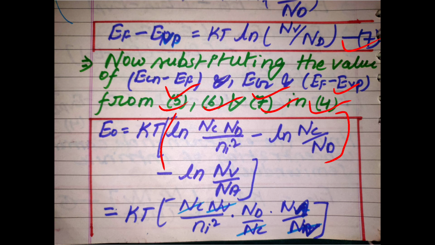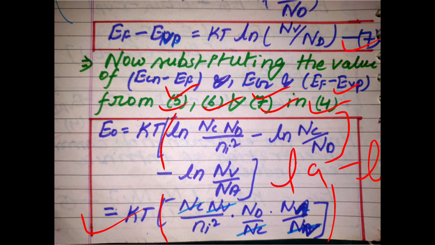If we use the logarithmic rule, log A minus log B, then we get KT into the bracket NC into NV upon NI square into ND upon NC into NA upon NV.